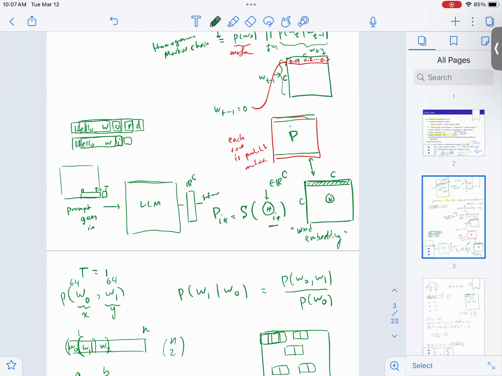So the main idea is modeling P is harder than modeling theta, because then I have to solve the constrained optimization problem. If I'm trying to write down an optimization problem in P, I have to put constraints on the rows to sum to 1 and be non-negative. Here I don't do that. It's like an optimization trick. But the thing I mentioned about frequencies versus this is also interesting.